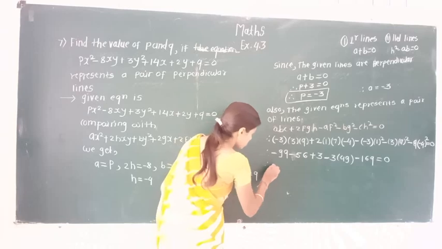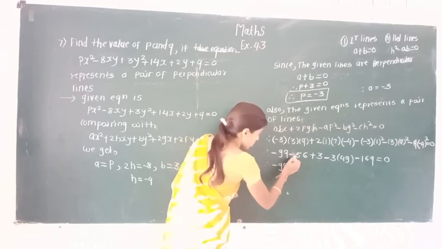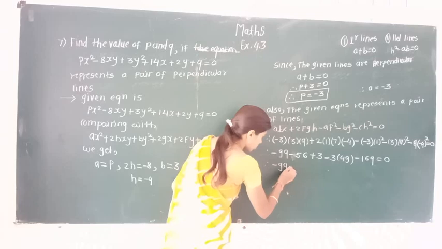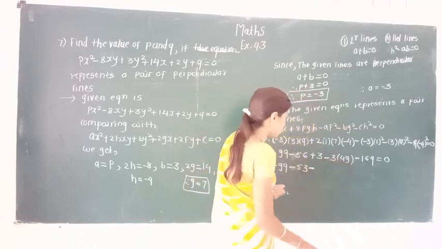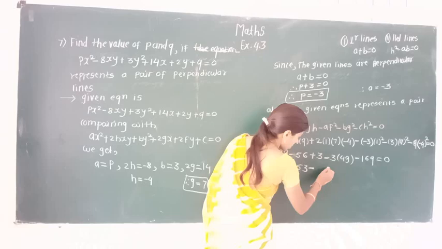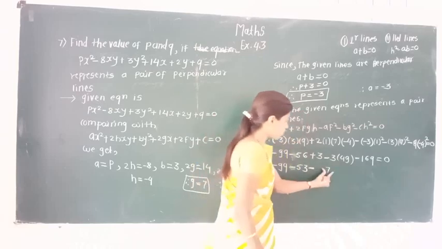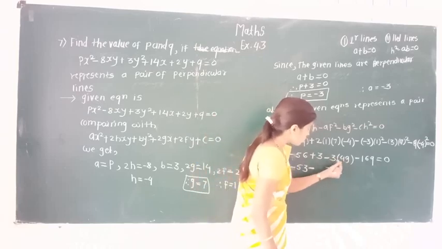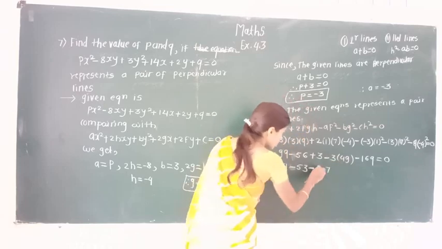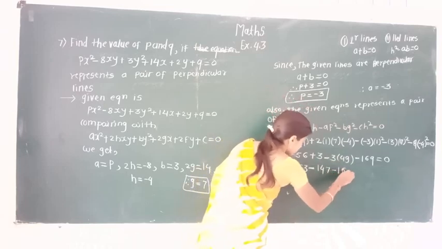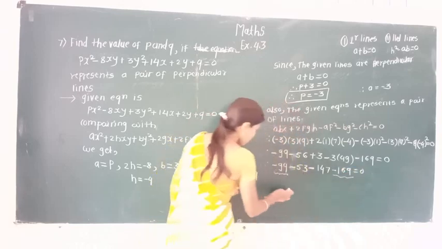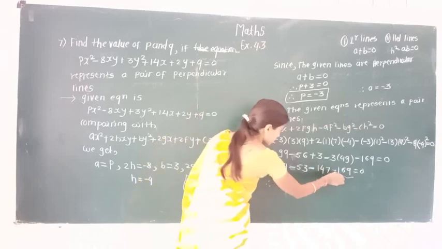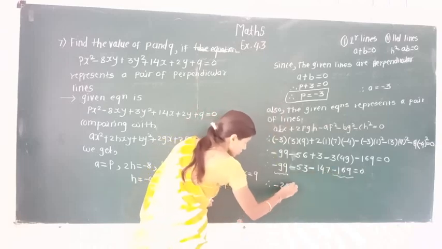We can write here minus 9q, minus 56 plus 3 get here minus 53, minus, take a product of these two terms is here 3 9s are 27, 7 I take here as it is, then 3 4s are 12, 12 into 2 get here 24, minus 16q is equal to 0. Now take a sum of coefficient of q. Coefficient of q is here minus 9 minus 16 get minus 25q.